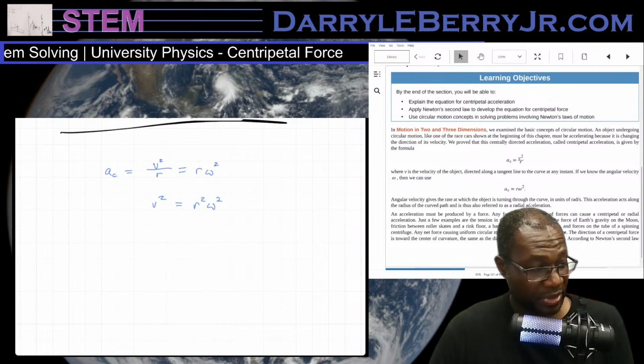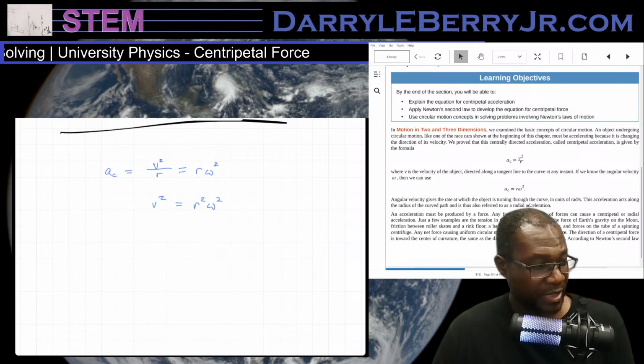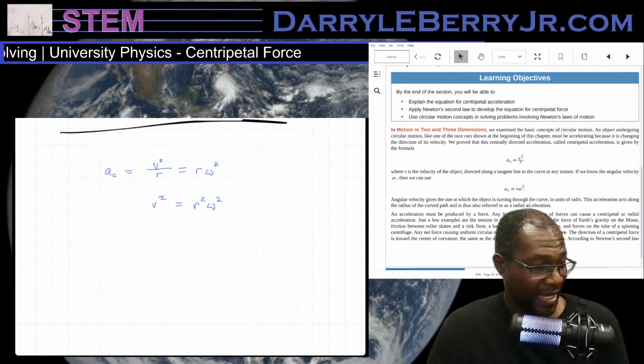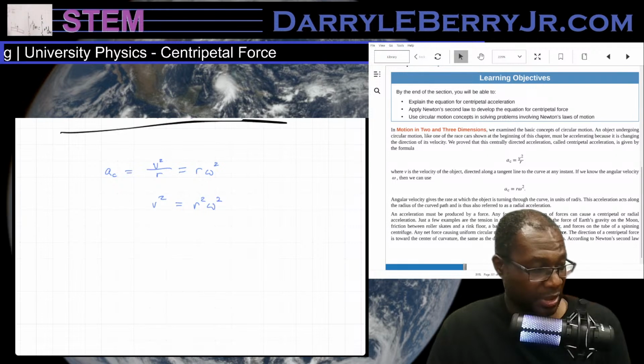Angular velocity gives the rate at which the object is turning through the curve in units of radians per second. This acceleration acts along the radius of the curved path and is thus also referred to as radial acceleration because it's directed to the center. An acceleration must be produced by a force.